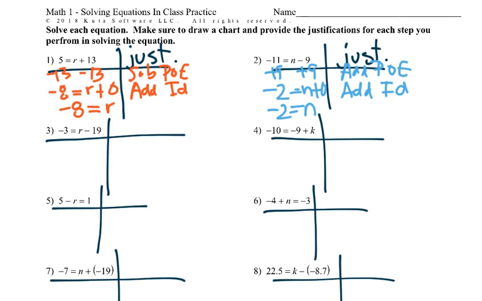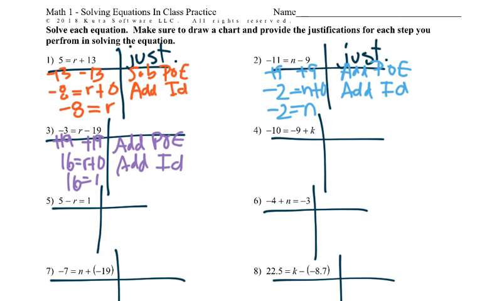Number 3, it's minus 19, so we're going to add 19 to both sides using the addition property of equality. Negative 3 plus 19 gives us positive 16 equals r plus 0. Then that additive identity means we drop the 0 and get 16 equals r.